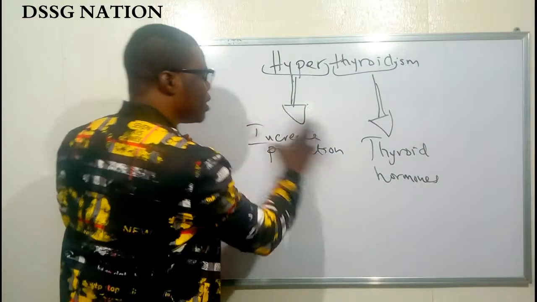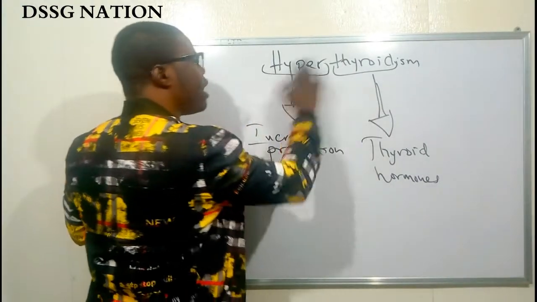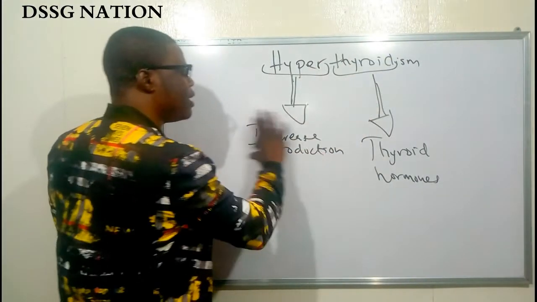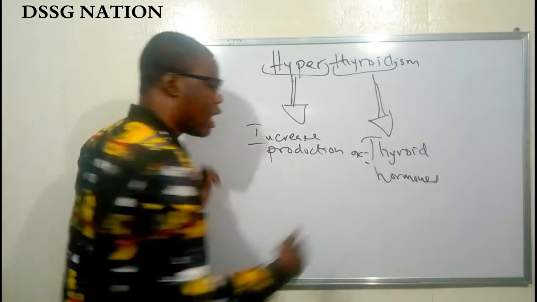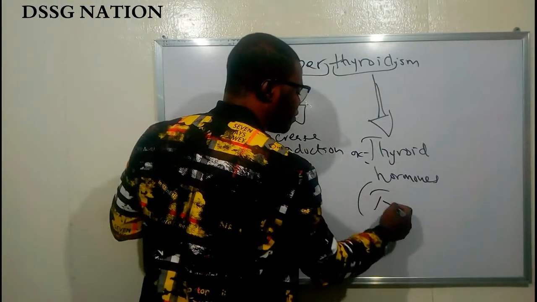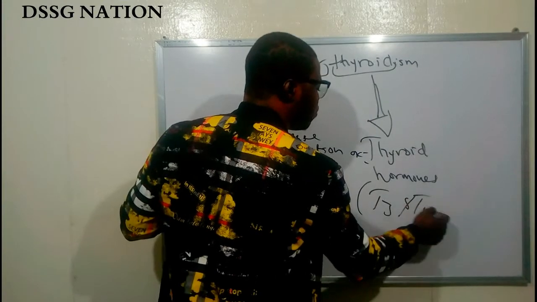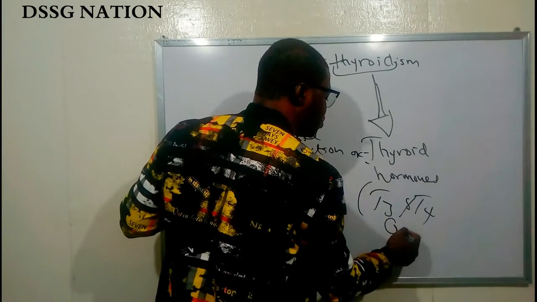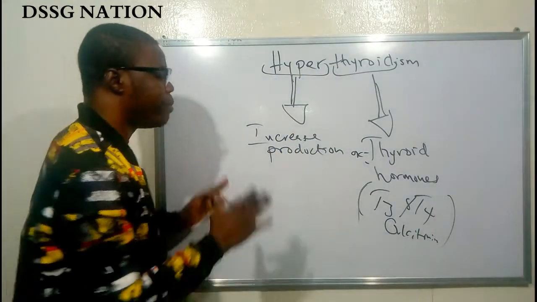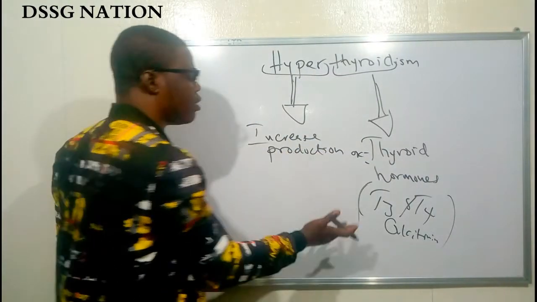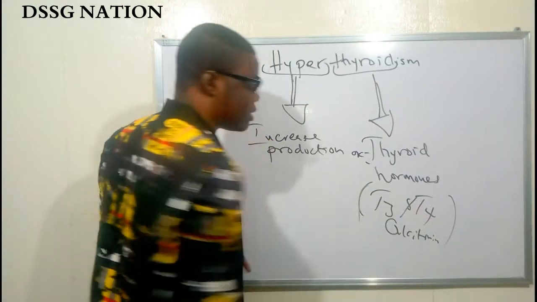So hyperthyroidism means increased production of the thyroid hormones. And what are the thyroid hormones? We have T3, T4, and calcitonin. So, majorly, hyperthyroidism is talking about the increased production of T3 and T4.